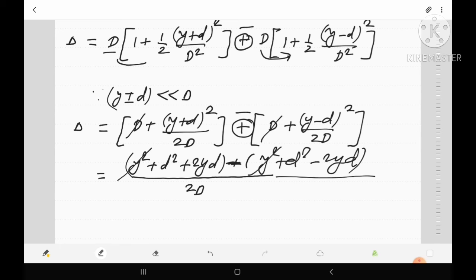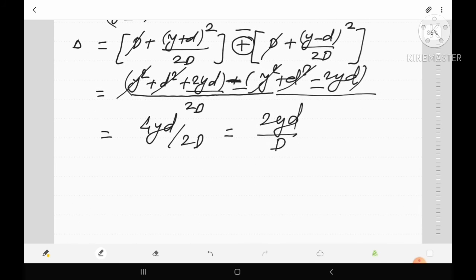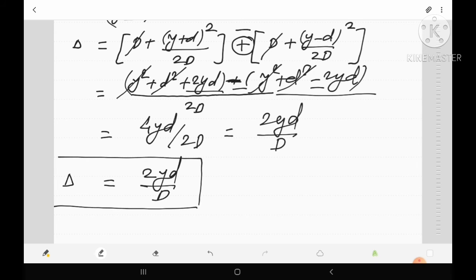So y square and d square will be cancelled out, and here 2yd plus 2yd means 4yd upon 2 capital D. On solving, 2yd upon capital D. So here delta is equal to 2yd upon capital D. So this is the path difference, equation number 4.